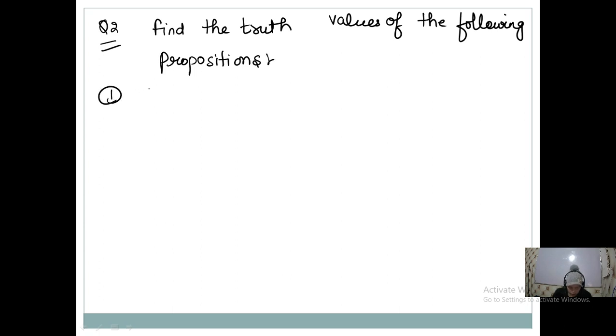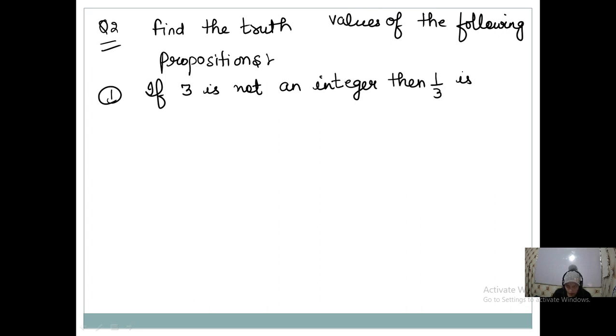First, if 3 is not an integer, then 1 by 3 is an integer.